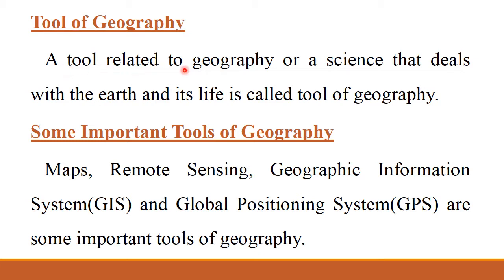A tool related to geography, a science that deals with the earth and its life, is called a tool of geography. We can say that this is a tool or equipment through which any person can get some information about the earth and its life.